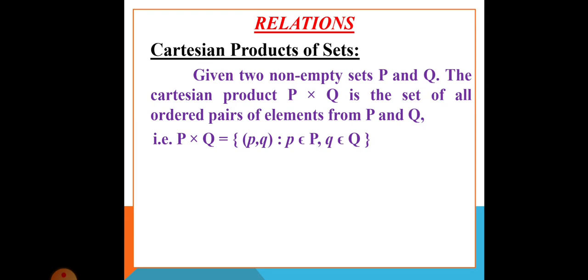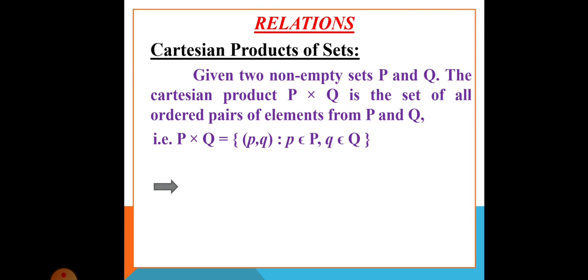The first element p belongs to capital P and the second element q belongs to capital Q. Nothing but the first element belongs to the first set and the second element belongs to the second set. So P cross Q is the set of all ordered pairs such that the first element belongs to the first set and the second element belongs to the second set.